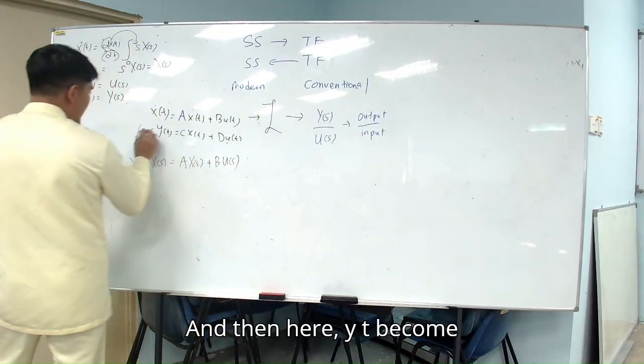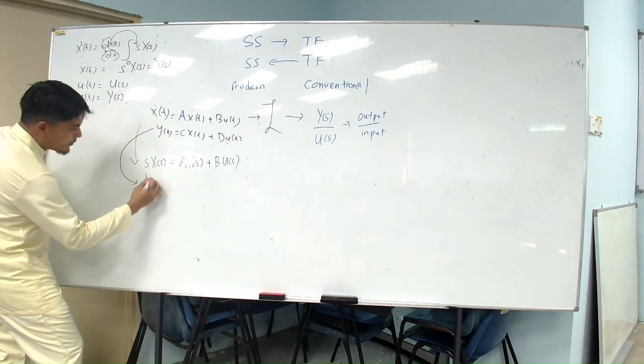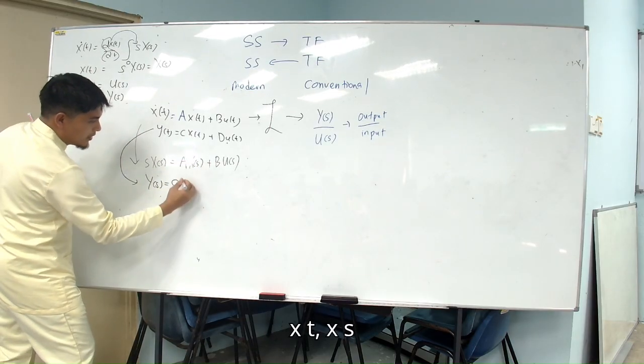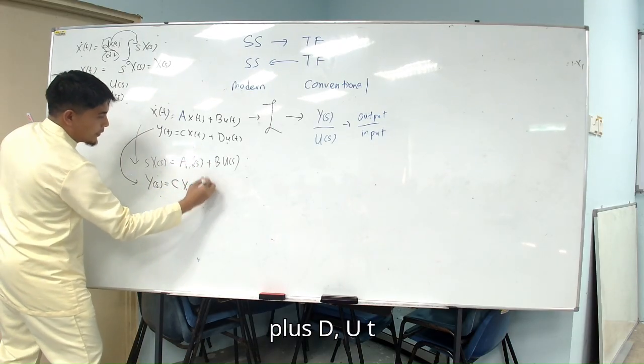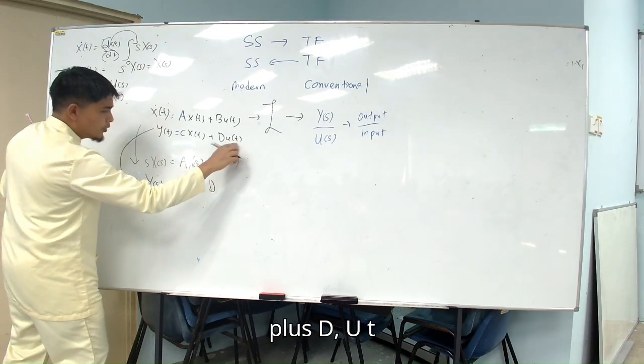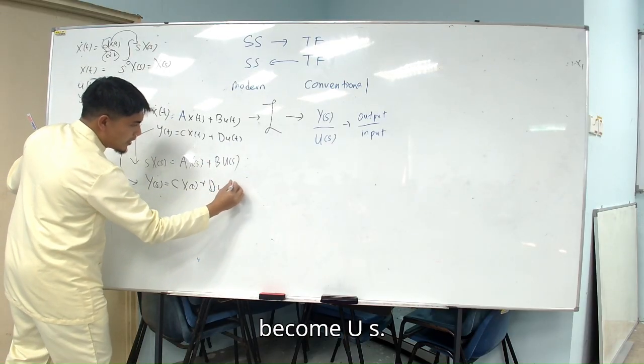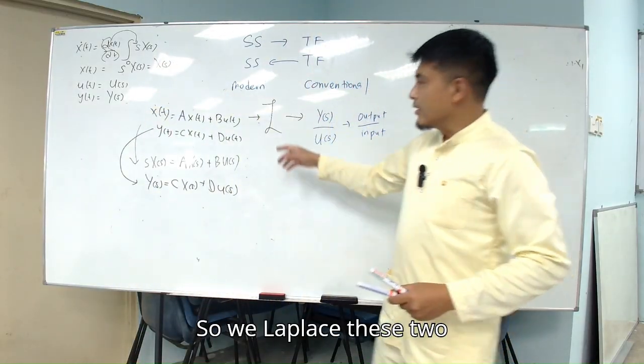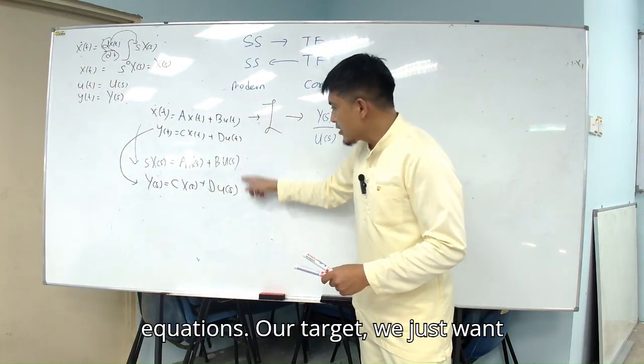And then here y(t) becomes Y(s) equals C, x(t) here X(s), plus D, u(t) becomes U(s). Okay. So we Laplace these two equations.